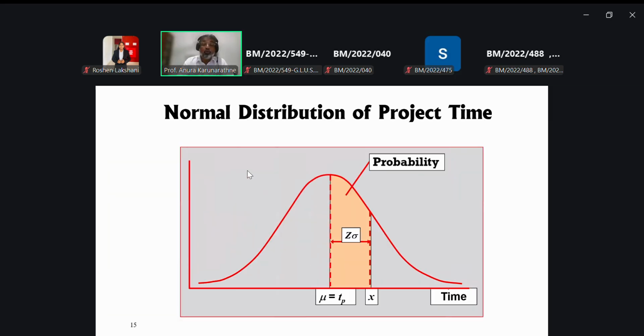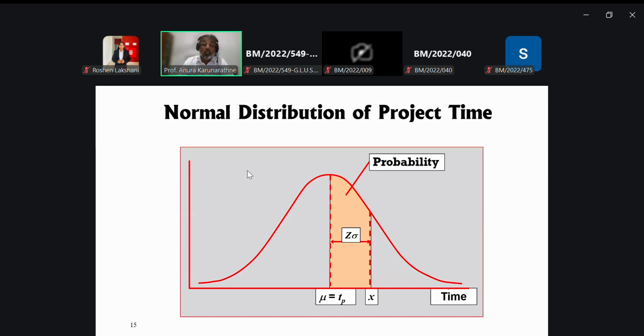So it is important to report here. The set distribution is a table. By using the set table, you can compute probabilities.